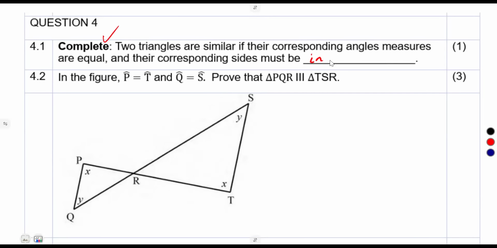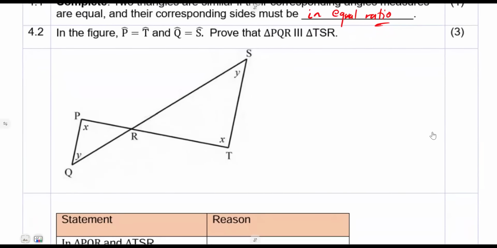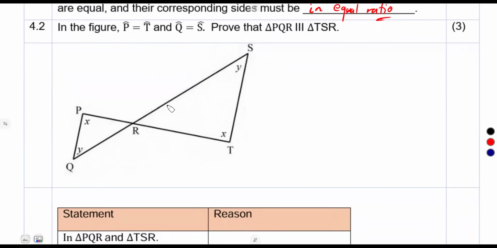The angles are the same, then the corresponding sides must be in an equal ratio. Given that angle P is equal to angle T, as given, angle Q and also angle S, prove that the two triangles that we are given are similar.